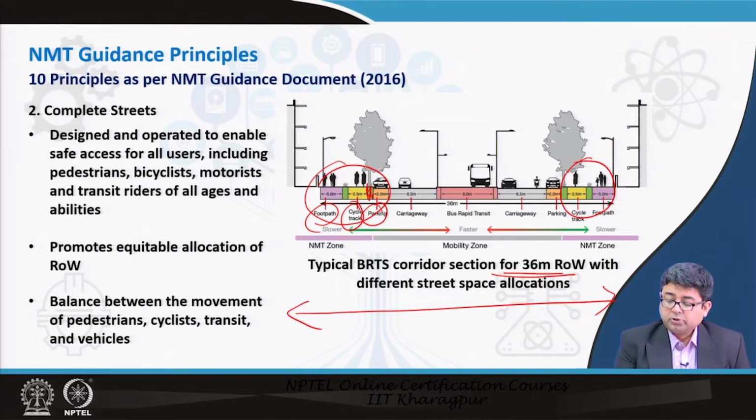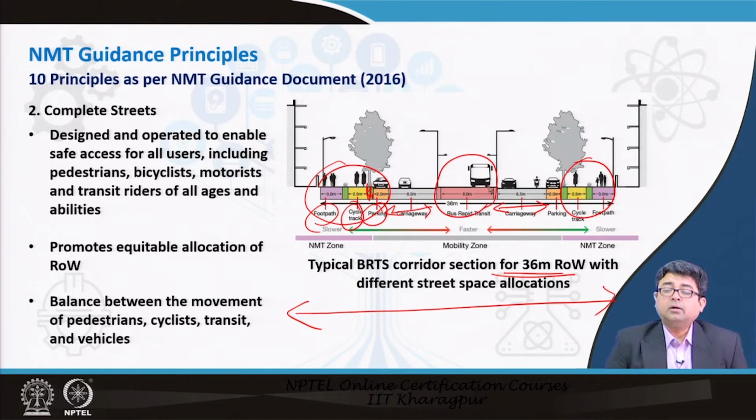All this should be included along with your carriageway on both sides and most probably a rapid transit of some sort in the median of the road, right. Even when you are designing the arterial in your urban area, you should keep in mind that you should design it for all modes.